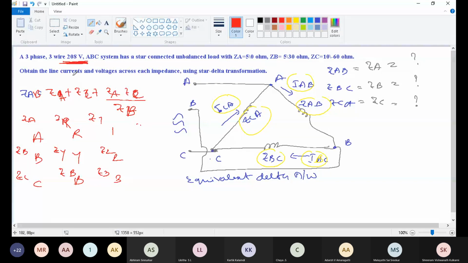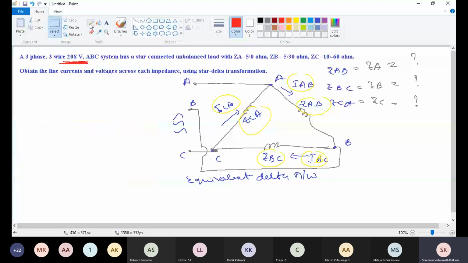Is this line voltage or phase voltage? Simple question. Line voltage.